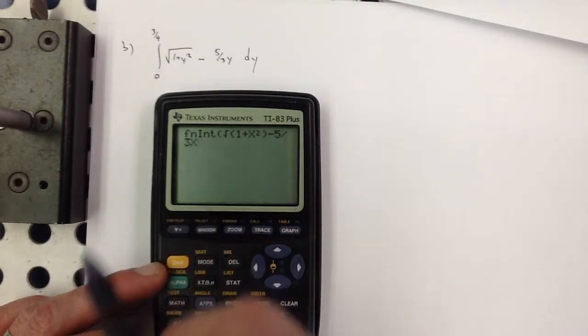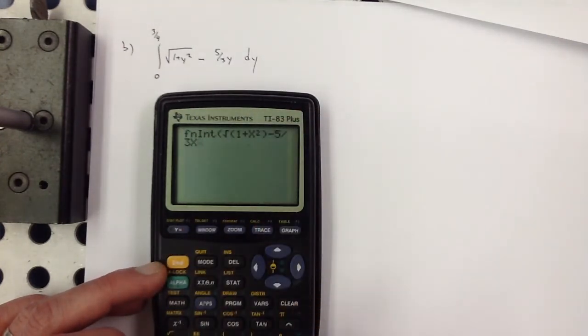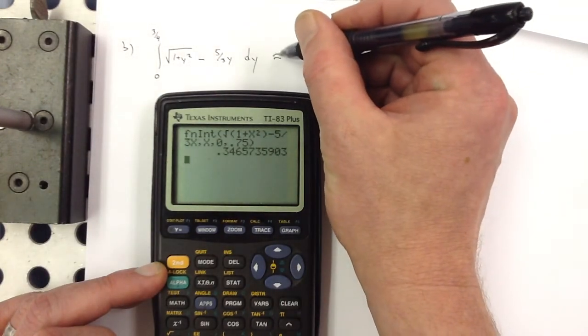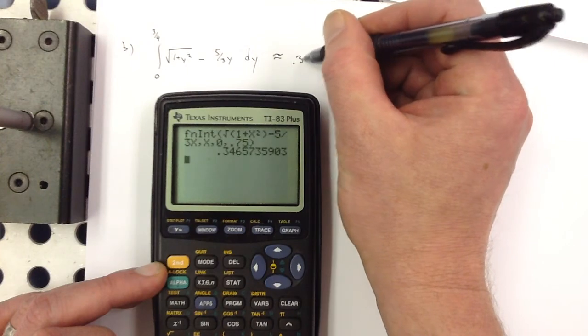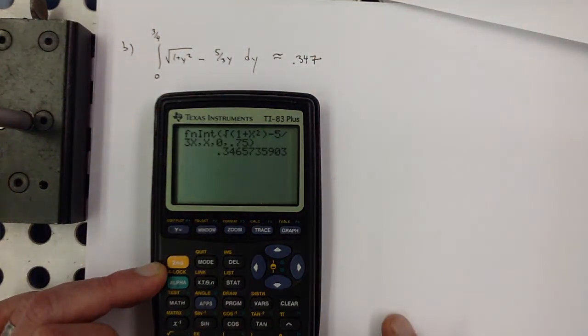If I wanted that, I'd have to put parentheses, so that really does mean 5/3 times the variable, in case you're thinking that I don't know how to use my calculator. Comma x, comma 0, comma 3/4, and that should be good. That's approximately equal to 0.347. Good.